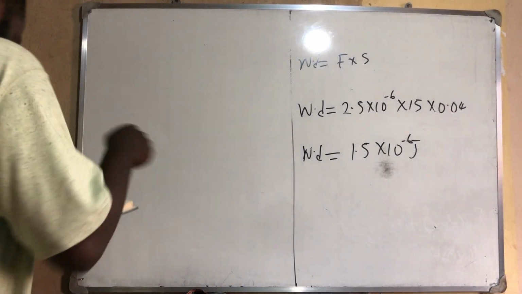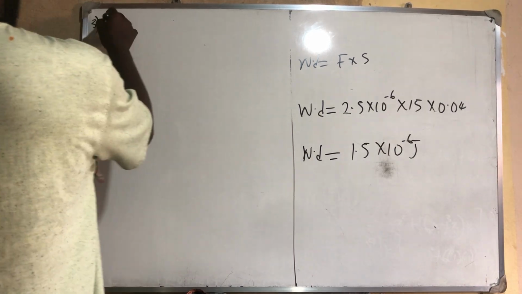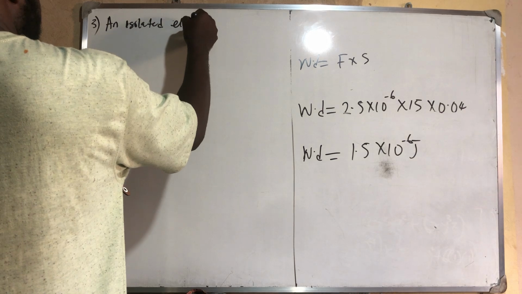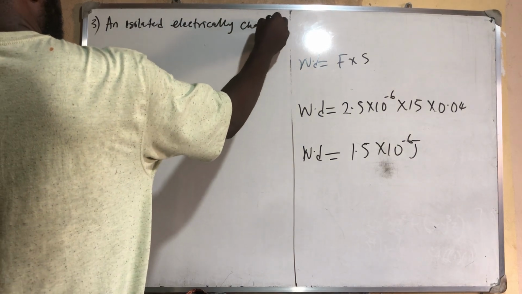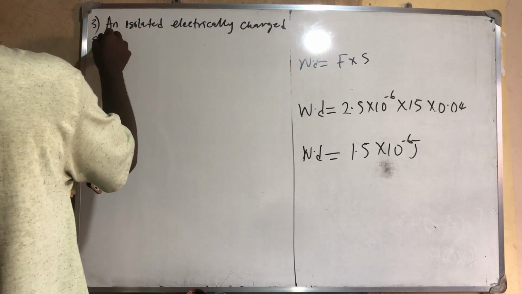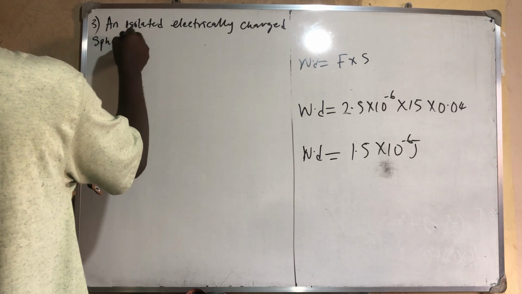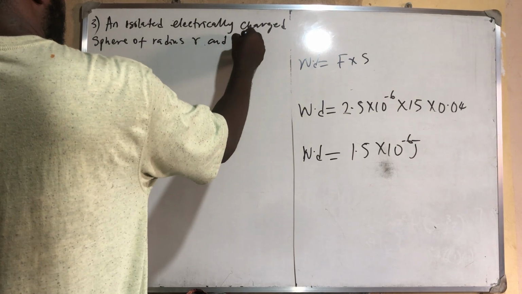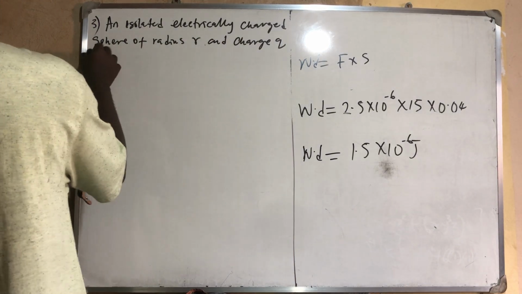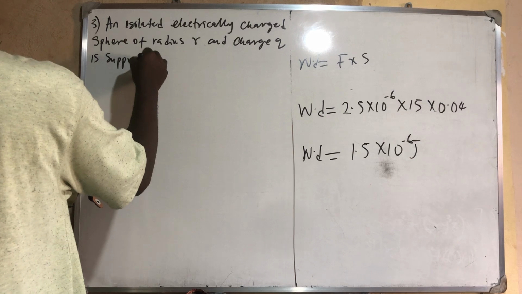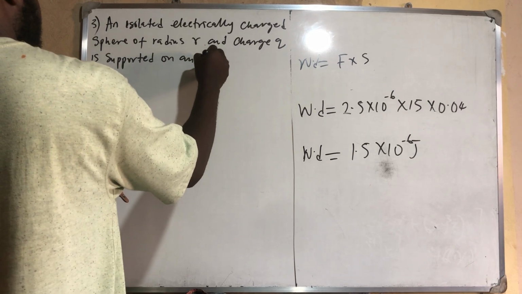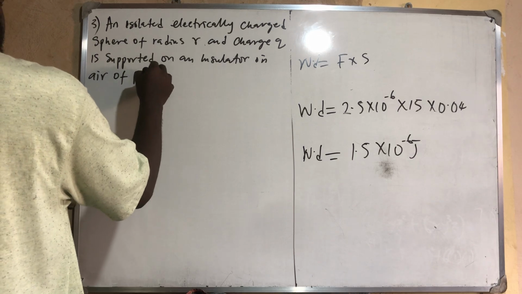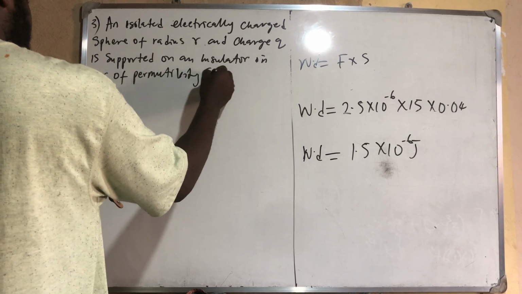So the next thing, question number 3. Question number 3 said, an isolated electrically charged sphere of radius r and the charge q is supported on an insulator in air of permittivity E0.